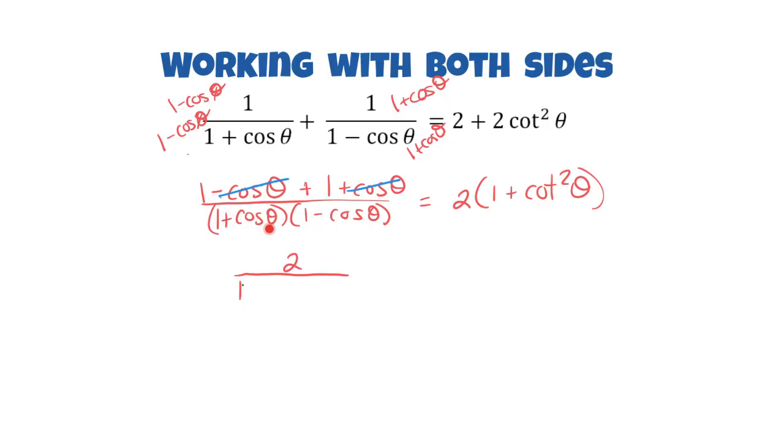And all I get left is a minus cosine squared theta. All right. And that, ladies and gentlemen, is a Pythagorean identity that has been rearranged. What is 1 minus cosine squared theta? That is a sine squared theta.